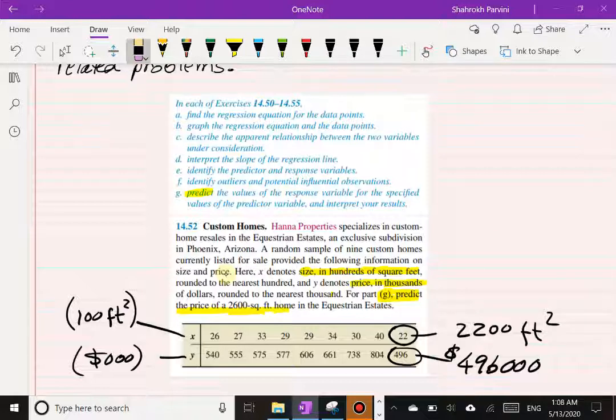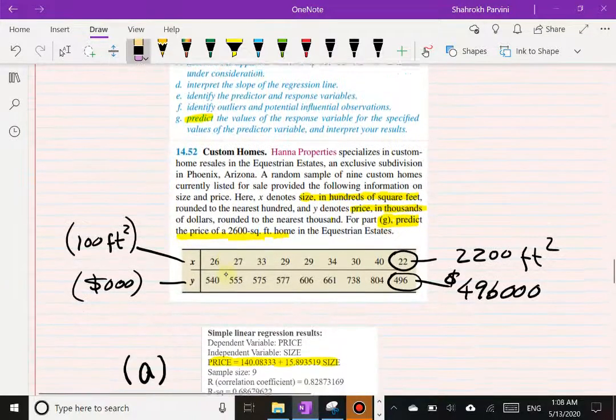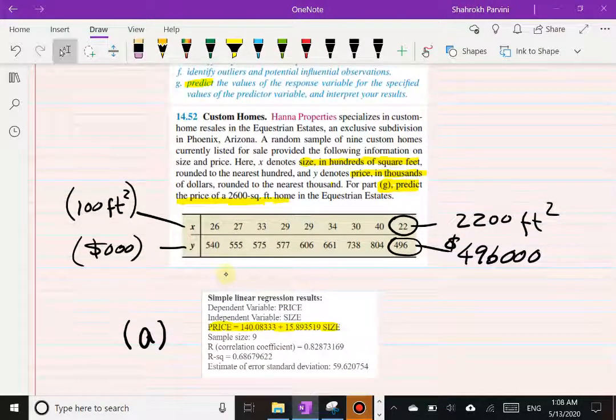Now, let's take a look at the regression. There you go. Pretty simple. I actually took a little cutoff of the regression output. I'll show you the full-blown output in a minute. I just cut and pasted the part that I needed for this exercise. Notice how StatCrunch labels the regression equation. It doesn't use B0, B1, Y hat. It actually uses descriptive words for X and Y, size and price.